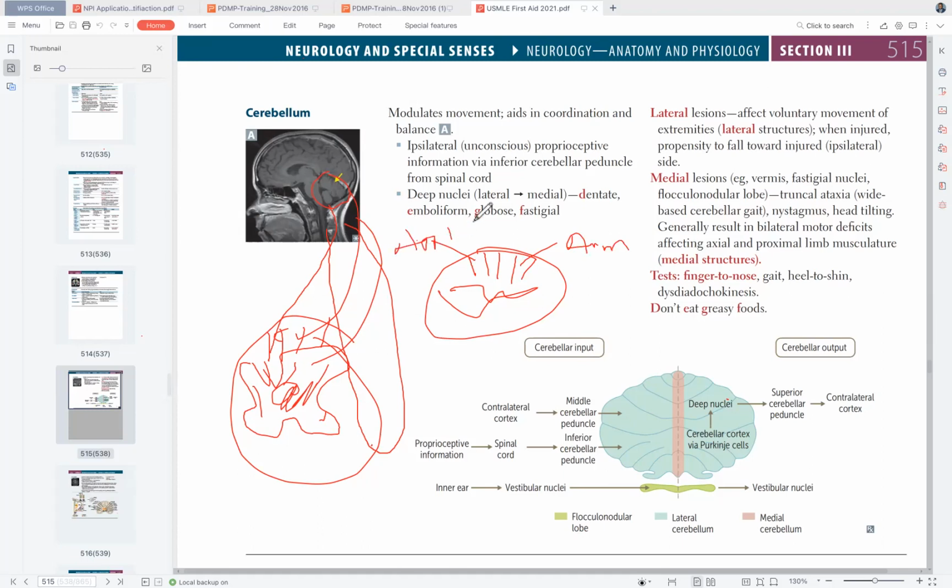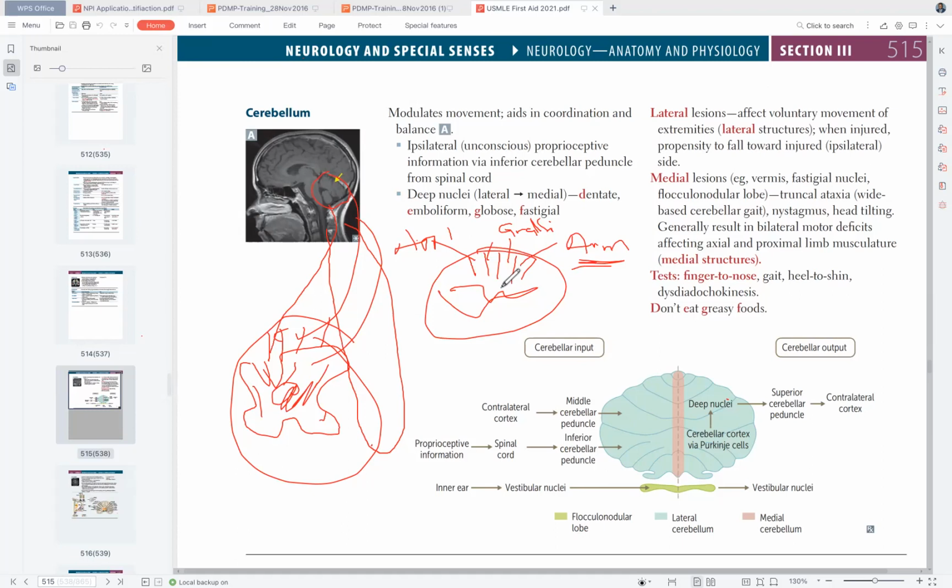The arms are outermost, right? And then the legs will be the innermost. So this will be the gracilis for the legs, right? We'll talk about the proper map later. I'm just bringing your mind to it. And then you have the arm, which is the cuneatus. Yeah, gracilis, and then the cuneatus.